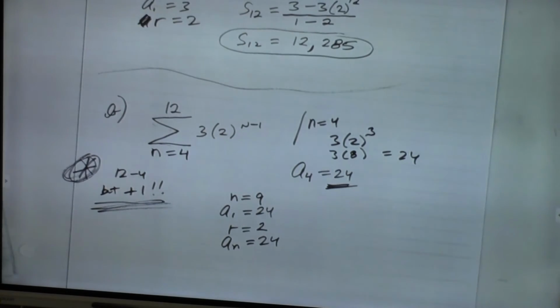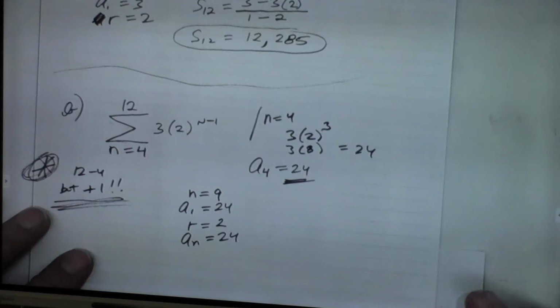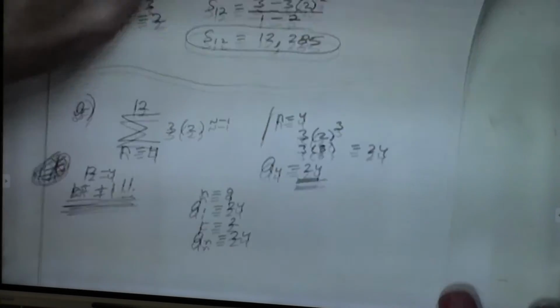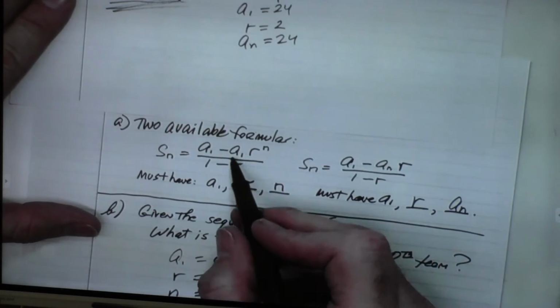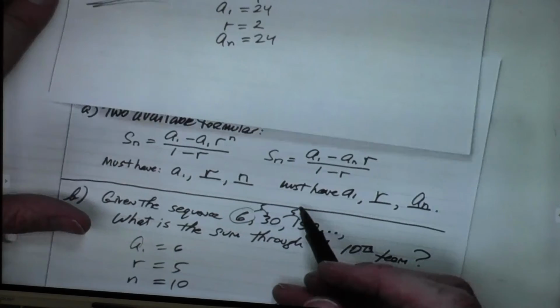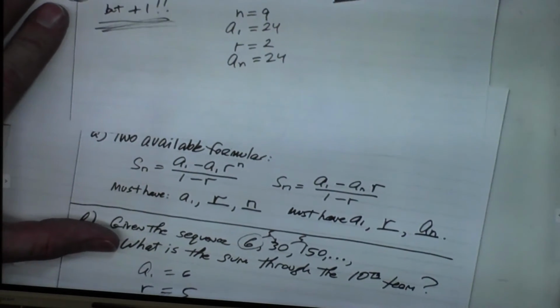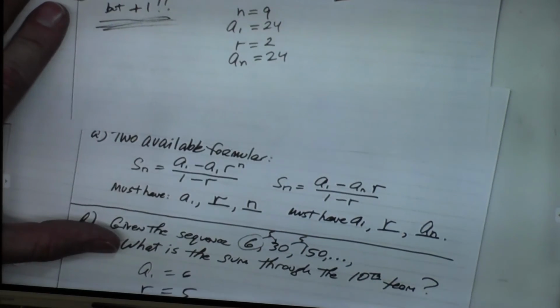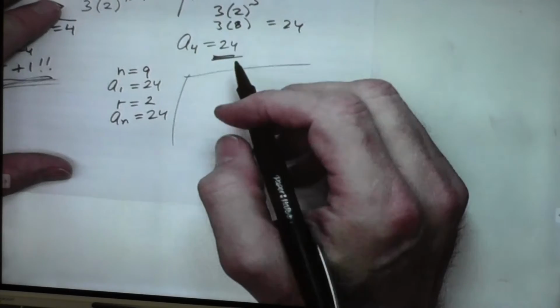So I now have 4 pieces of info. The available formulas: this one I need A1, r, and n, and I've got them. This one I need A1, r, and An. Well, I have An too. So it doesn't matter, I can use either one. I'm going to be right no matter which one I use. So just to be different, I'll use the second one this time.